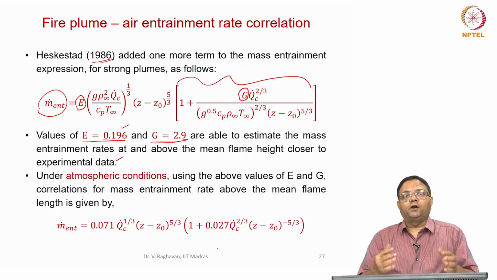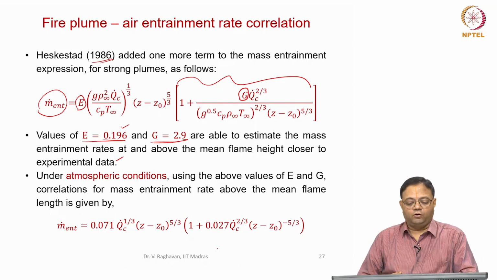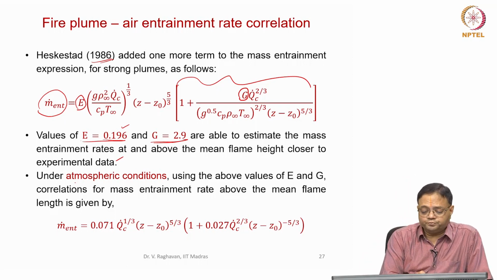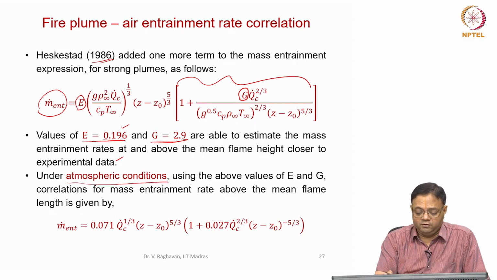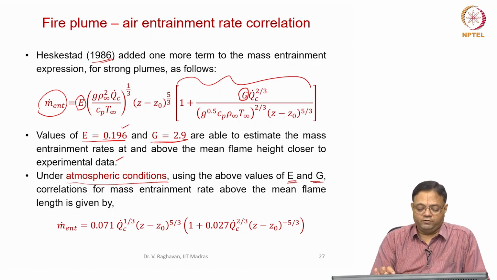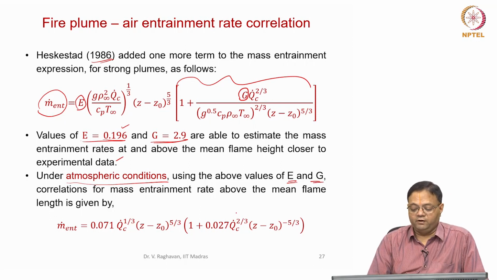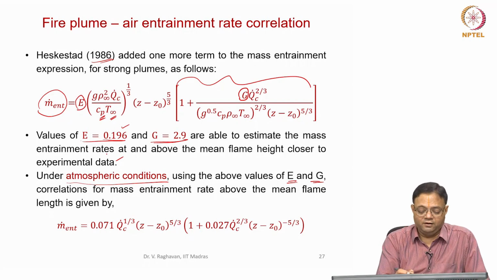Now another important characteristic is the entrainment of the air in the plume region, which is also correlated with experiments. Under atmospheric conditions, this is the correlation given. Some more improvements have been done here. Under atmospheric conditions, using the above values of E and G, when you take some T infinity value, some Cp value, there are a lot of constants here. You can get rid of them and put some numbers.